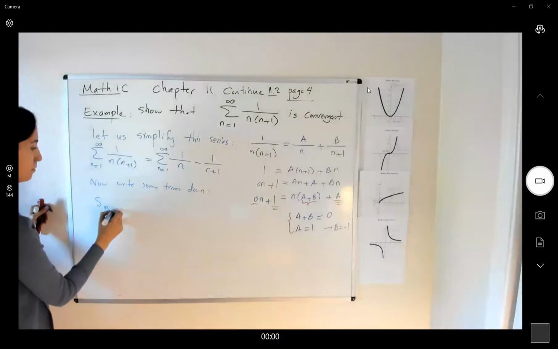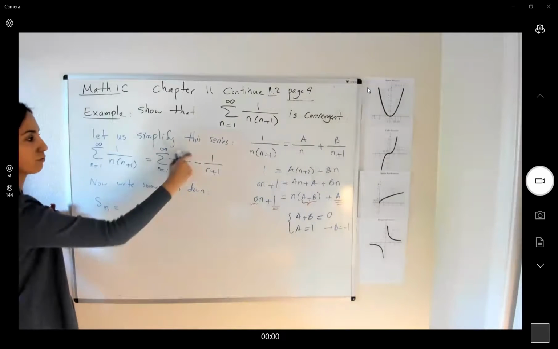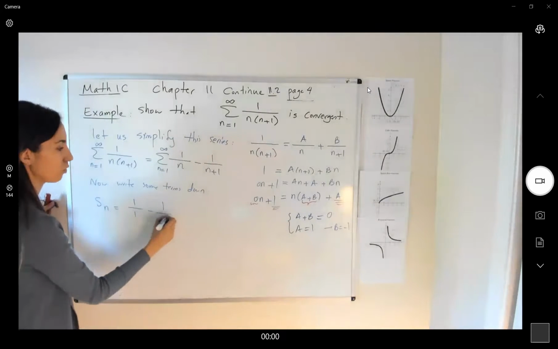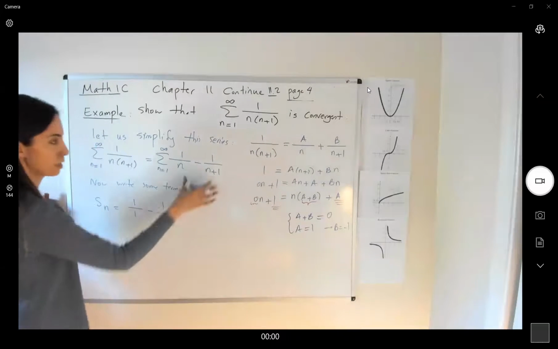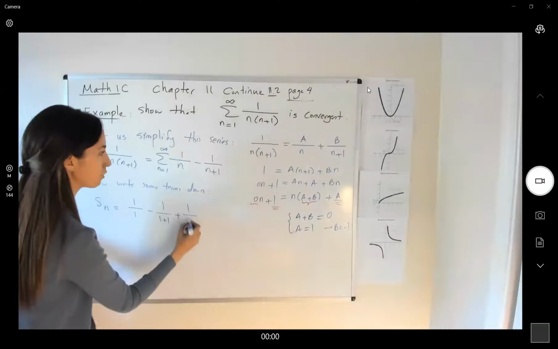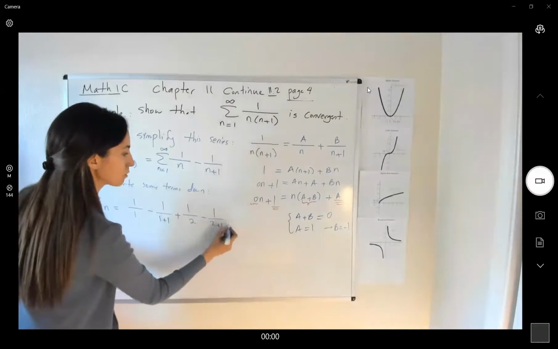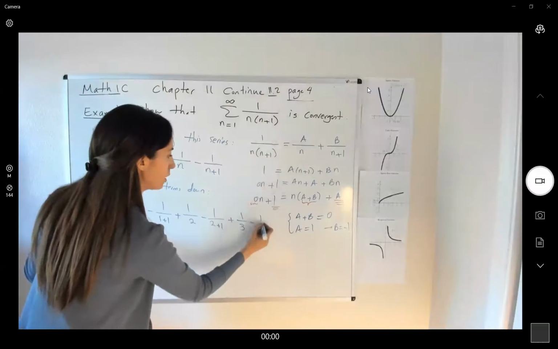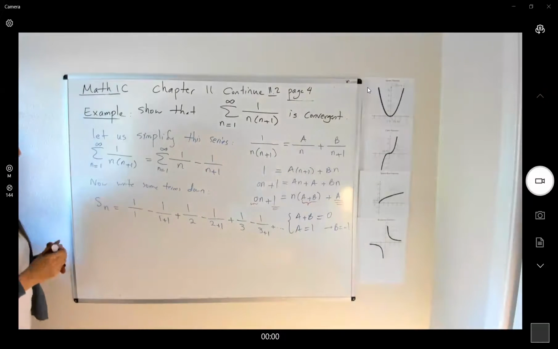S of n, the partial sum, is equal to: if you plug in 1, you get 1 over 1 minus 1 over 1 plus 1, which is 2, plus the second term, 1 over 2 minus 1 over 2 plus 1, plus the third term, 1 over 3 minus 1 over 3 plus 1, plus the rest of them.